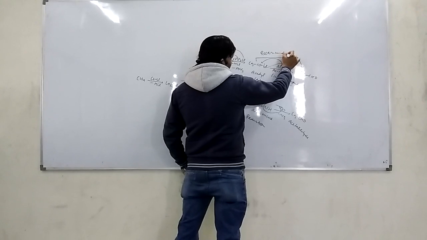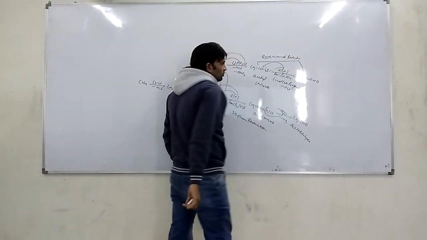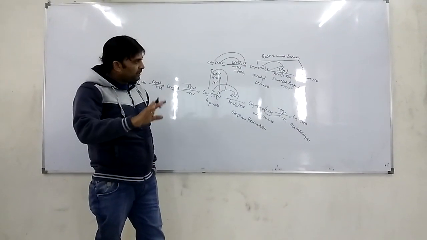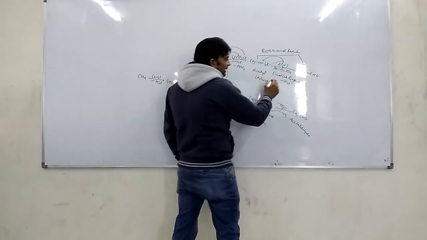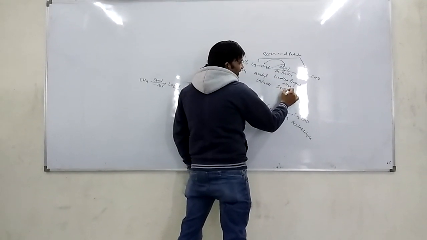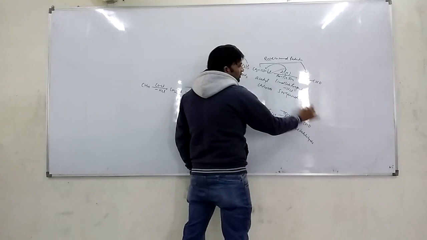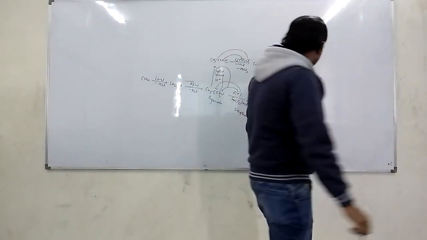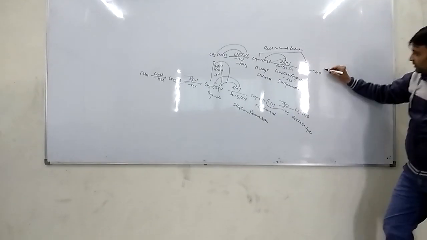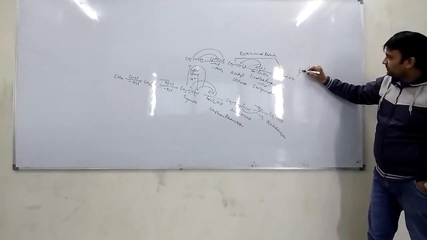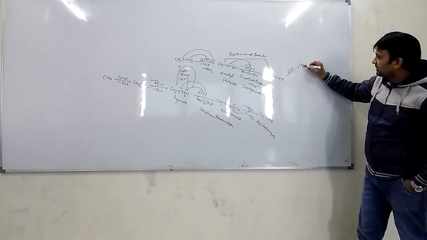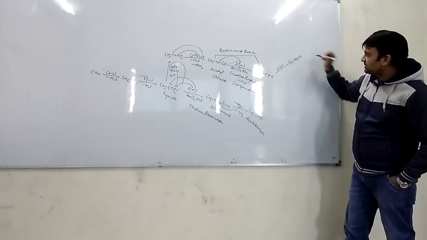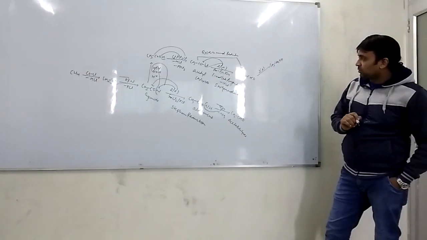Rosenmund reduction. This is called Rosenmund reduction. But we have to use sulfur or quinoline in this reduction to stop the further reduction of aldehyde into alcohol. If this aldehyde is reduced again, it is converted into CH3CH2OH, that is, alcohol.